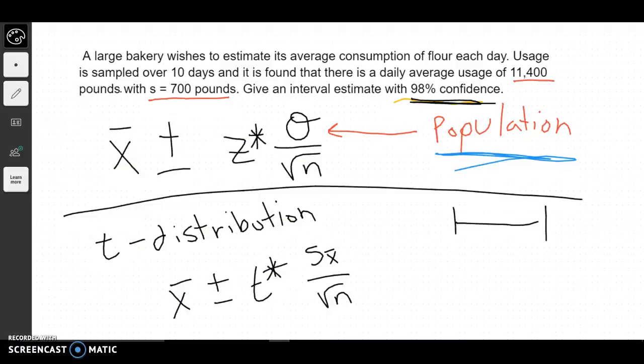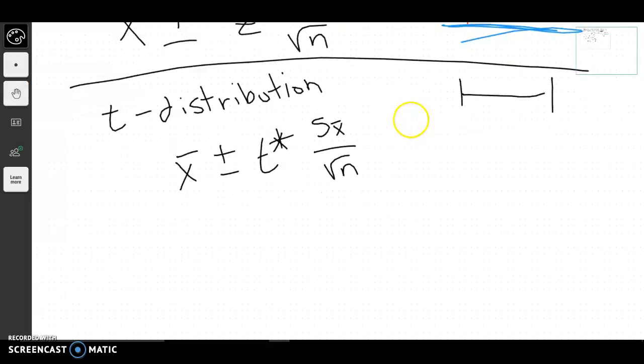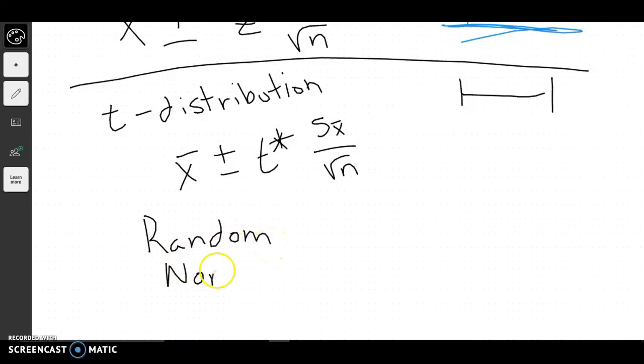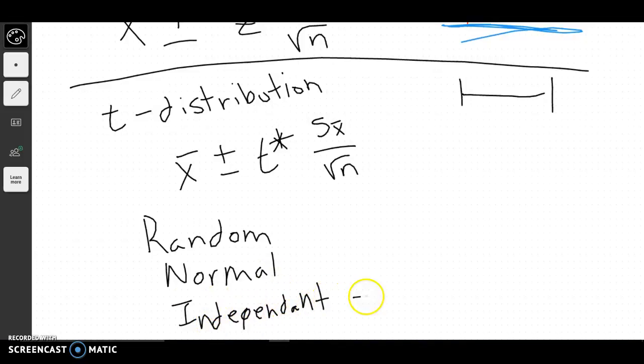So let's work through this example. First thing that we need to do is check our conditions. So again, we're going to have a couple conditions. We need it to be random. We need it to be normal. And we need it to be independent. We definitely have independence because they only took a 10-day sample.